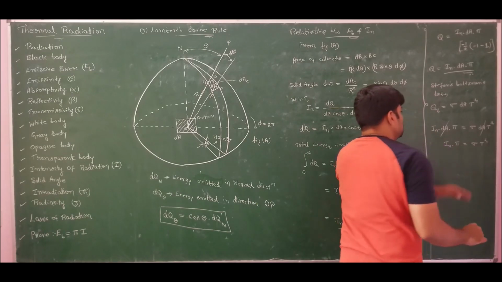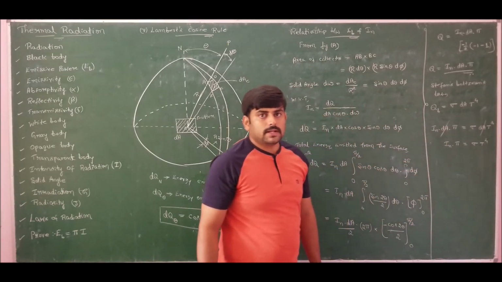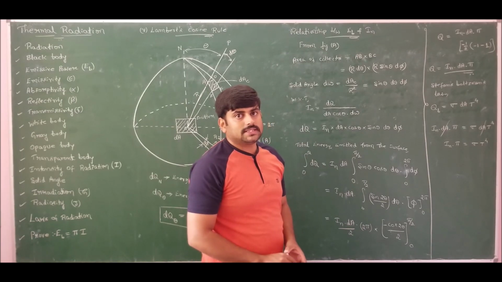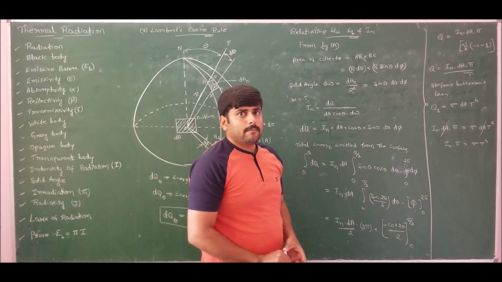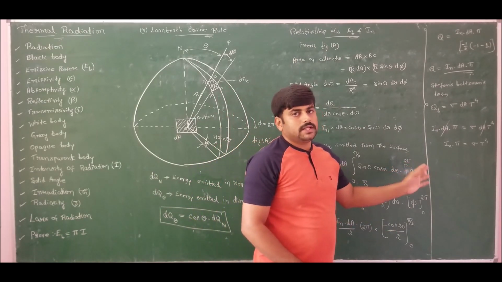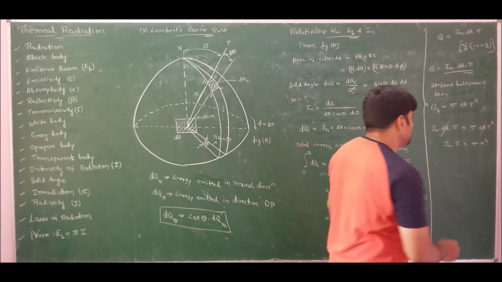We know that sigma T to the power of 4 is nothing but emissive power, because the emissive power of a black body is defined as the amount of energy emitted per unit area per unit time, which is directly proportional to the 4th power of its absolute temperature. So the emissive power of a black body Eb is equal to sigma T to the power of 4. This we already know.